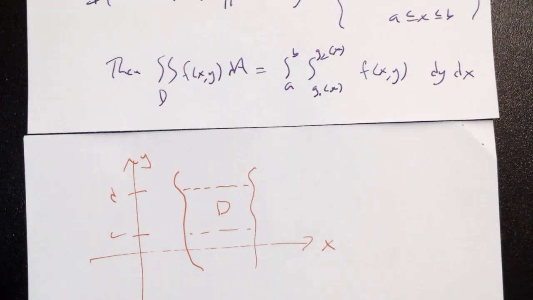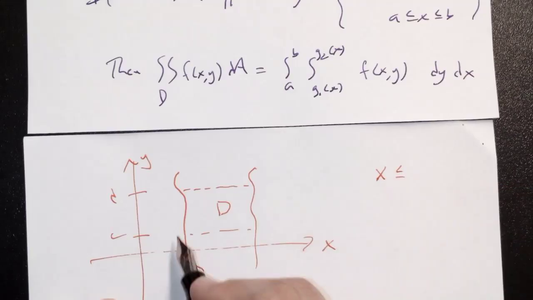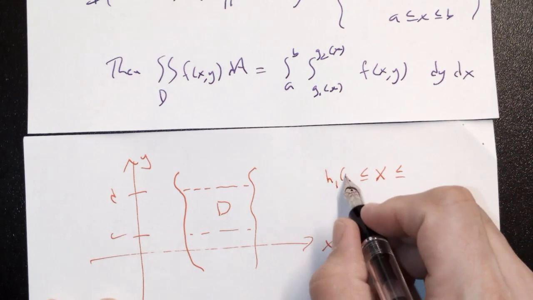Well, now that means that the left and right edges are bounded by functions. That means x is going to have a function to the right of it and a function to the left of it.